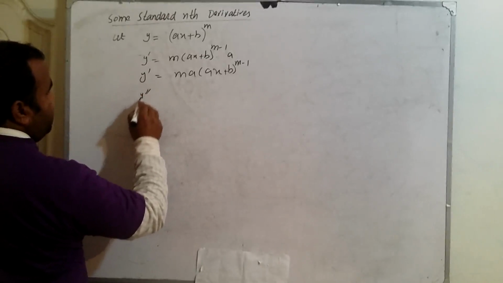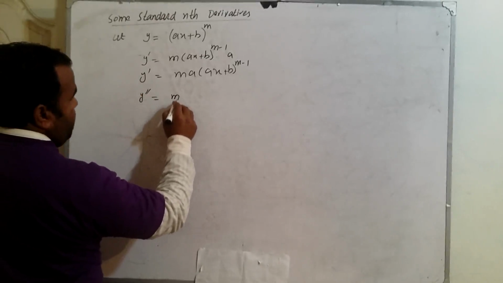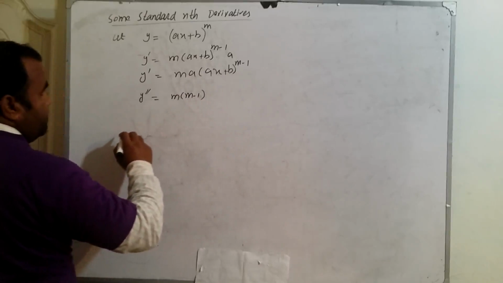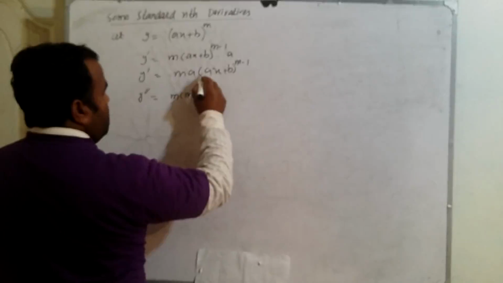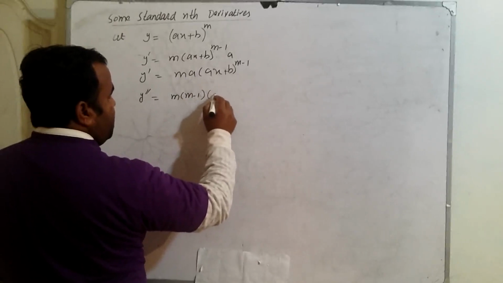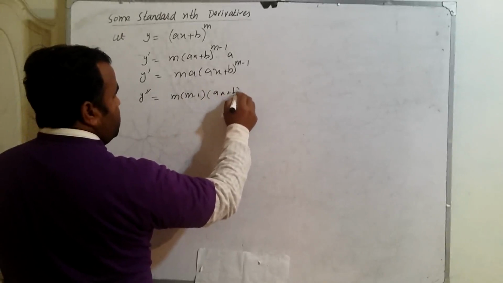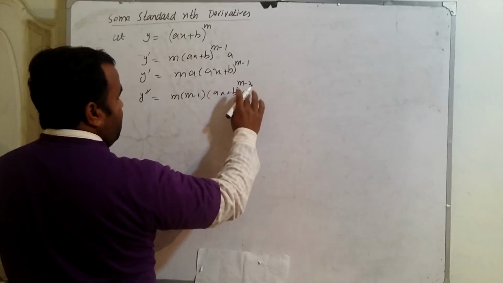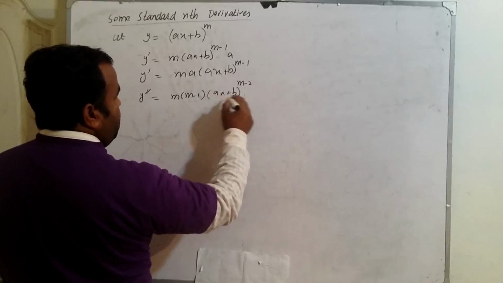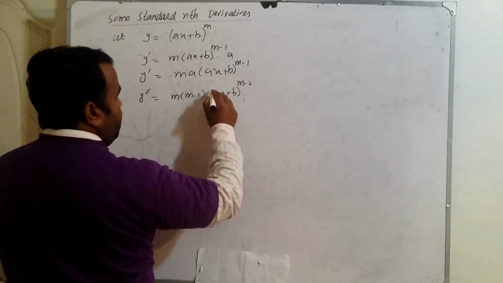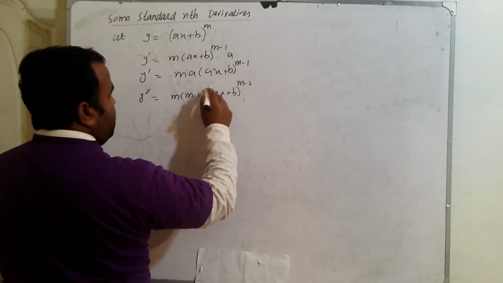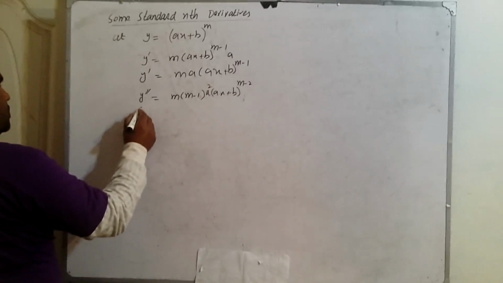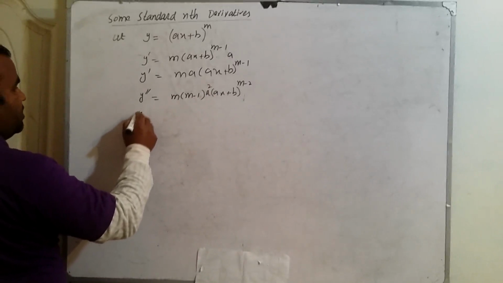The second derivative will be m into m minus 1, and this will be (ax plus b) raised to the power m minus 2, and the derivative of ax plus b is again a, so here it will be a square. Okay, now take the third derivative.